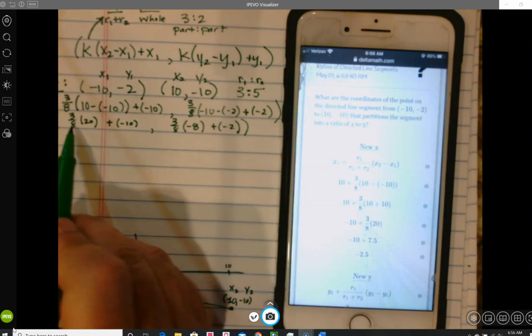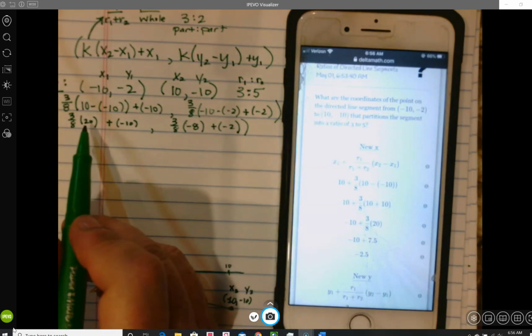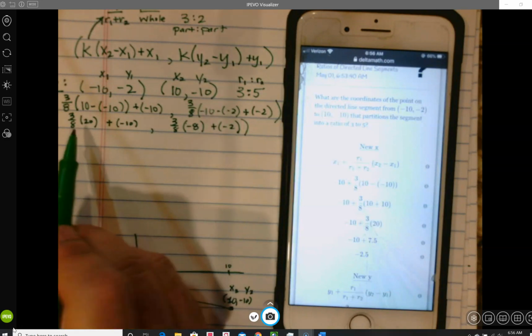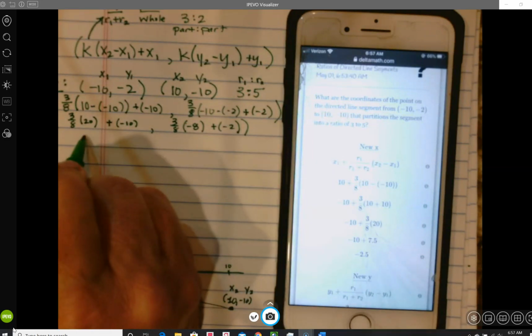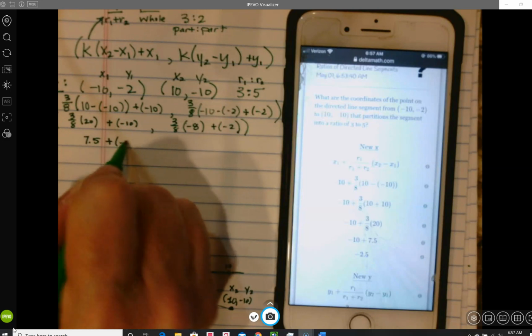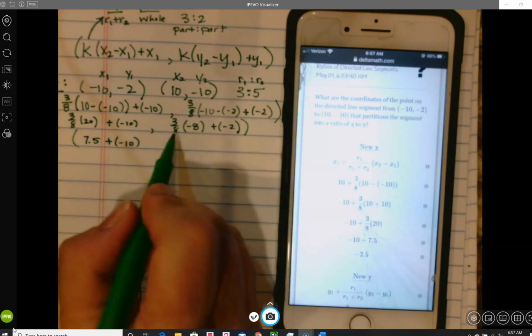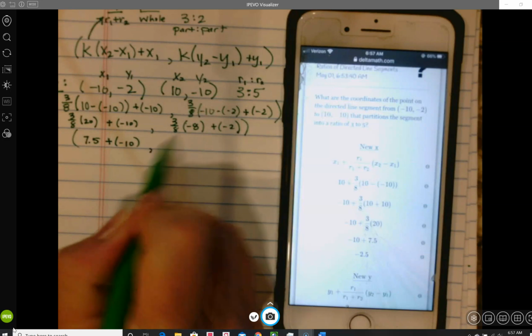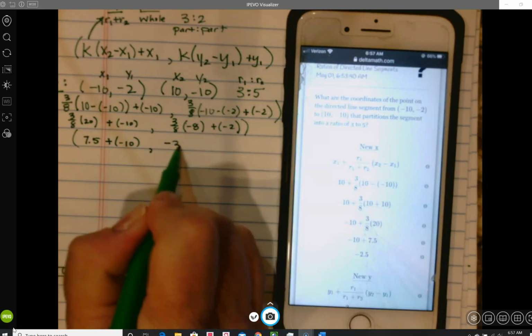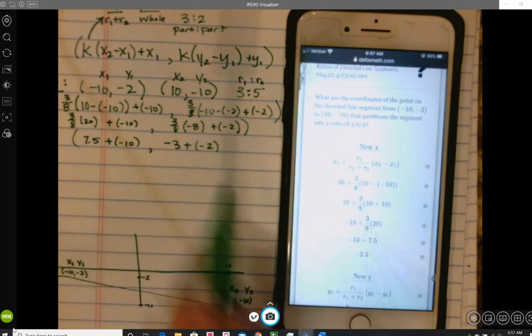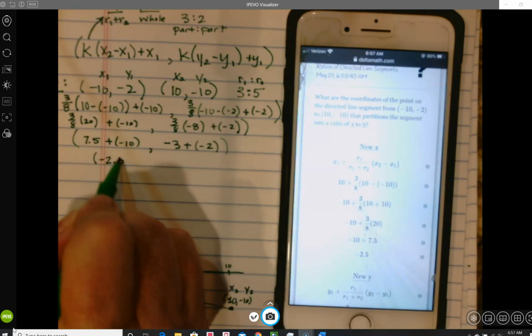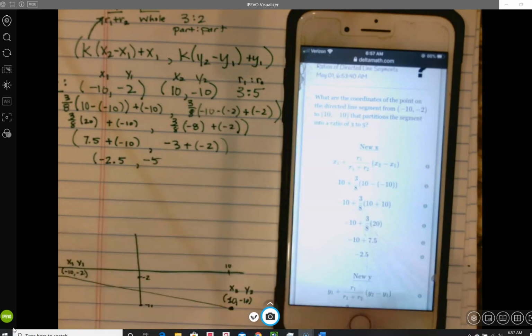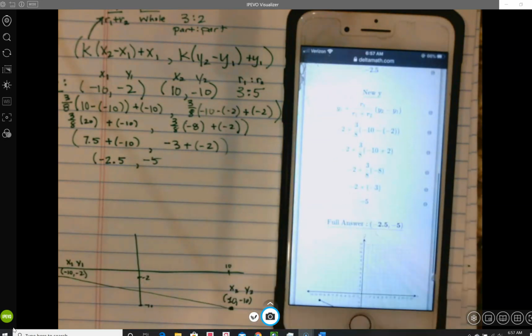All right, so 3/8 of 20 is going to be 7.5 plus negative 10. And then 3/8 of negative 8 is going to be negative 3 plus negative 2. So when I add these together, I get my new point as negative 2.5 comma negative 5. I'm just checking that with the answer. Yes.